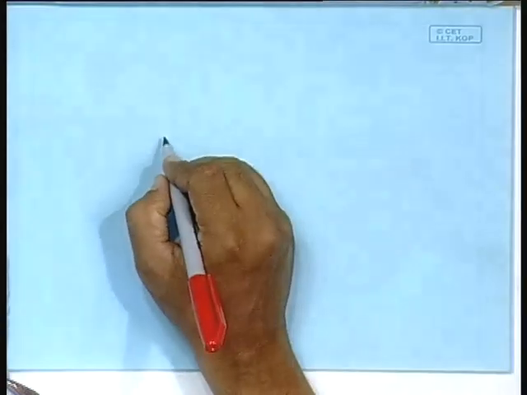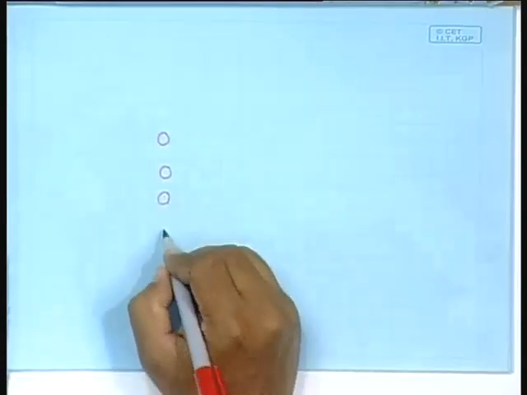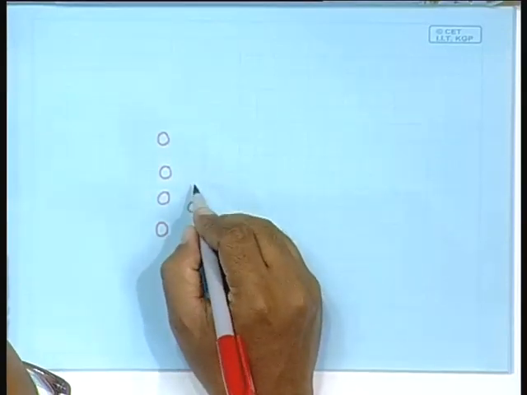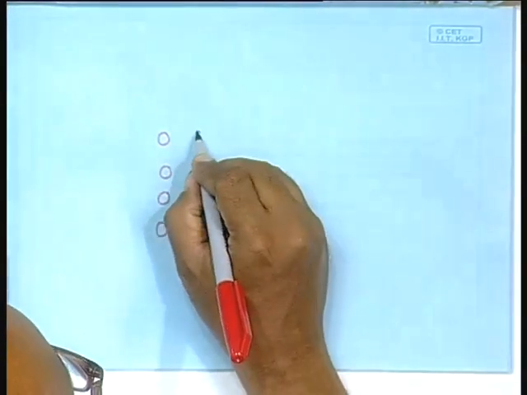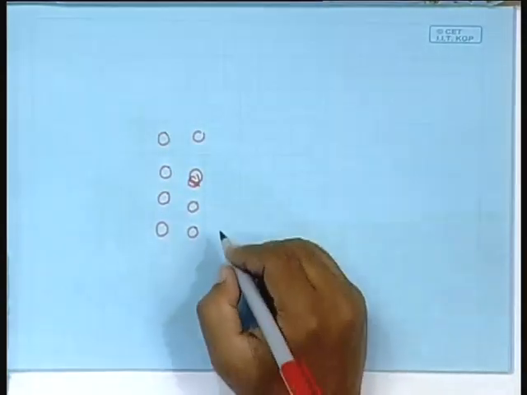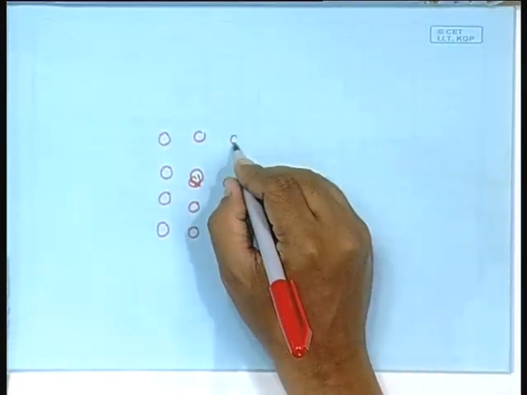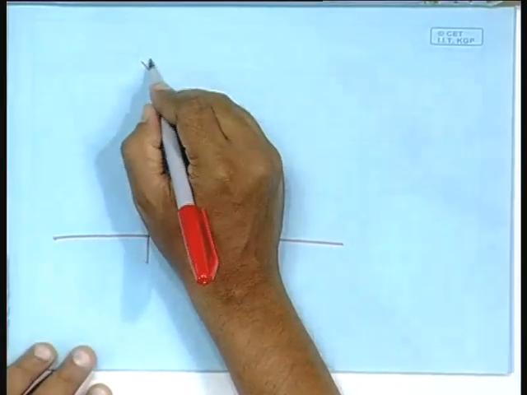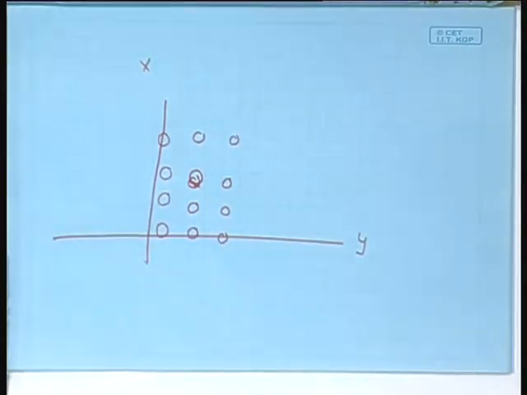So let me draw a picture in 2 dimensions again. This is my crystal. Let me call this the x axis and this the y axis, and I also have the z axis.